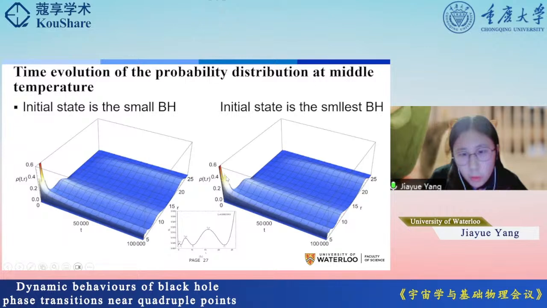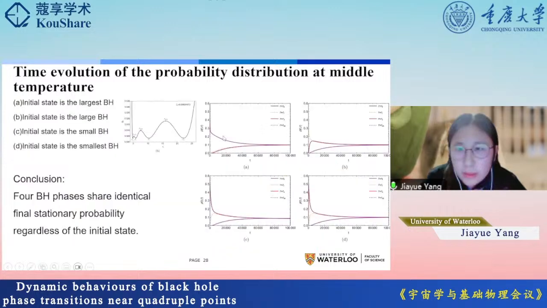And now let's focus on a two-dimensional diagram rather than the three-dimensional one. We just focus on the probability evolution. So we get the four curves here. The purple one is the largest black hole, and the orange one, the red one, are the small black hole and the smallest black hole. So this is just the two-dimensional version of the time evolution of the probability.